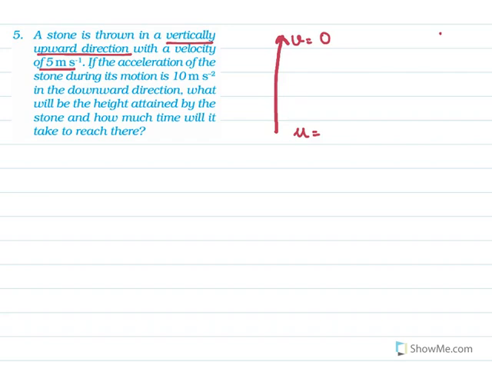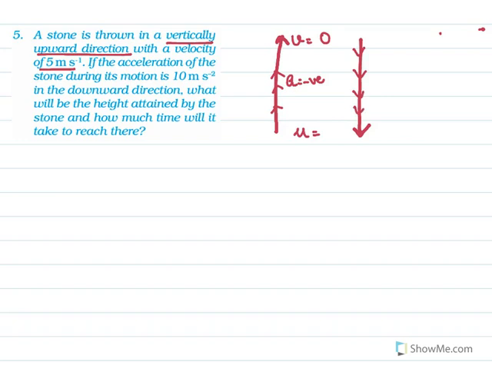Because the velocity keeps on decreasing, it becomes 0. And then it returns to the ground. So when the body is traveling upwards, its velocity is decreasing. So the acceleration is to be taken negative.